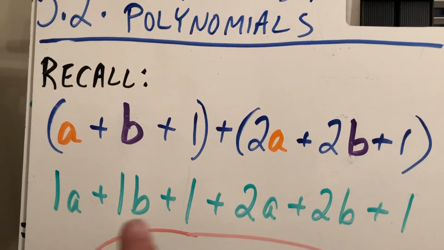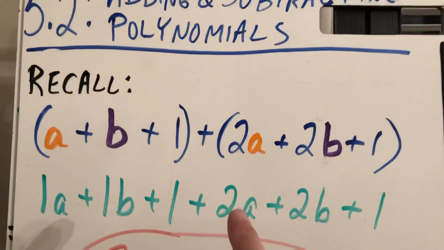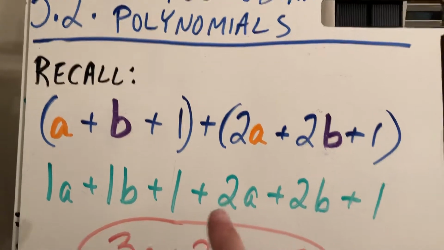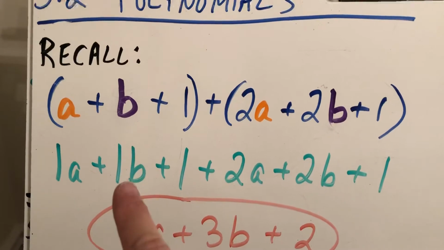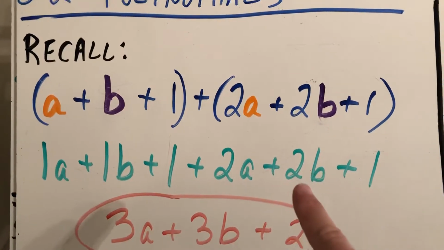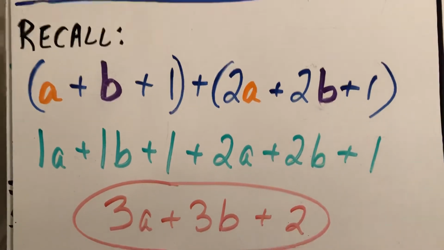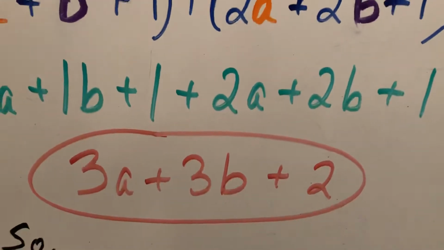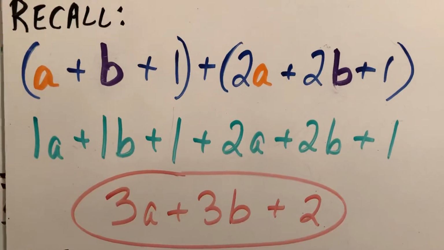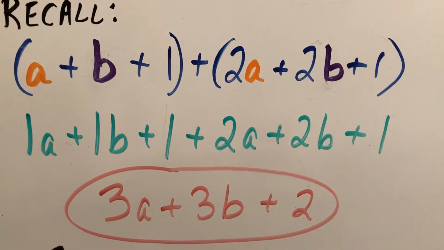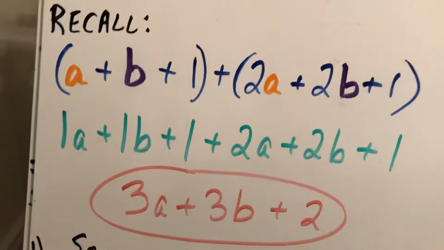The 1a plus the 2a. What's 1a plus 2a? 3a. What's 1b plus 2b? 3b. What's 1 plus 1? 2. And this is your final answer. There's nothing more you can do with that. Leave it alone.